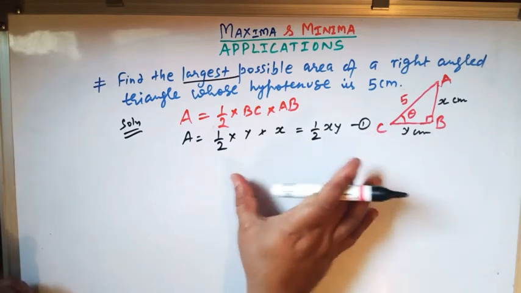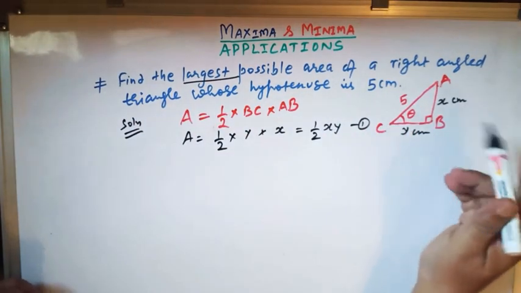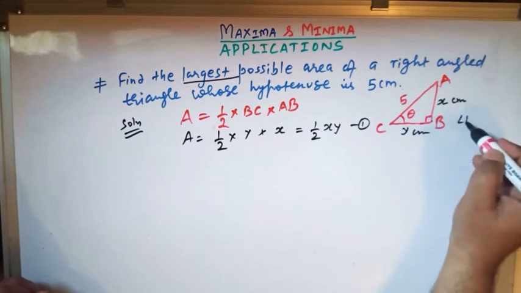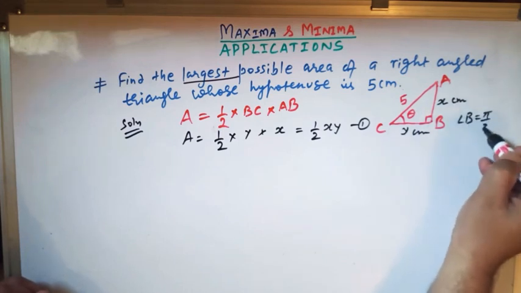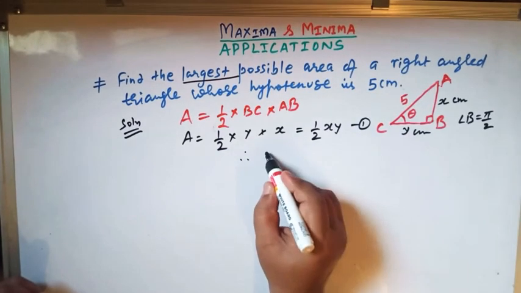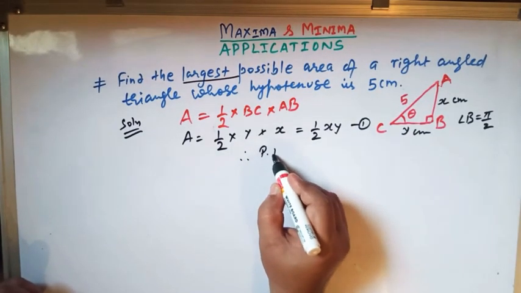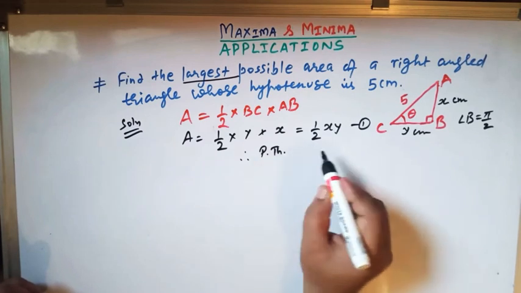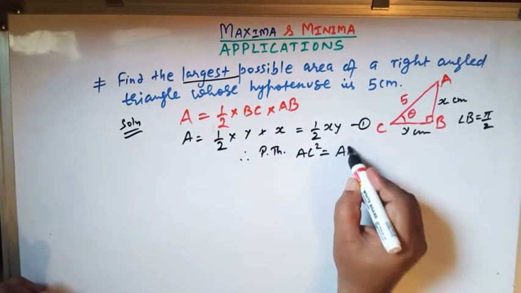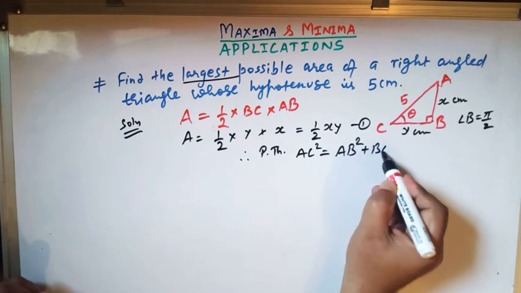Now by Pythagoras theorem, because this is a right angle triangle and angle B is pi by 2, therefore by making use of Pythagoras theorem here, we have AC square is equal to AB square plus BC square. Clear?